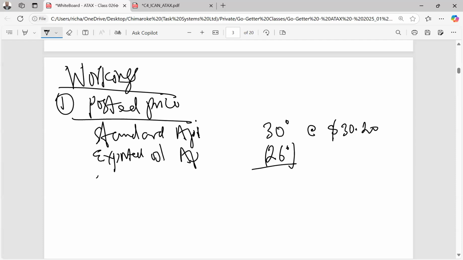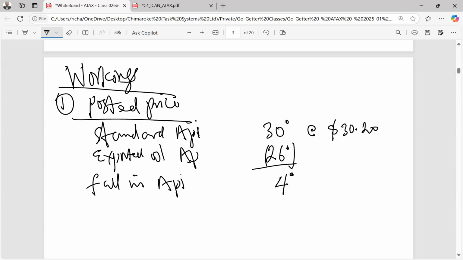So fall in API is going to be 4. So this API is going to be 4. That is the fall.